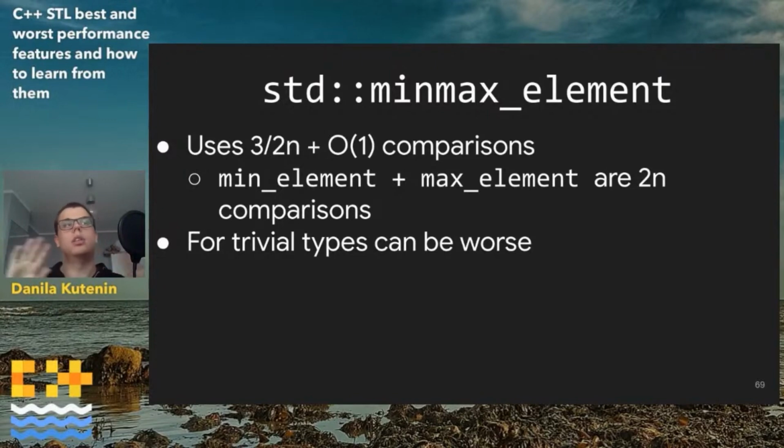Then they find the minimum from the first half and the maximum from the second half. You can prove that you cannot do fewer comparisons, but unfortunately, this requires some dispatching of the logic, and it can be worse for trivial types.